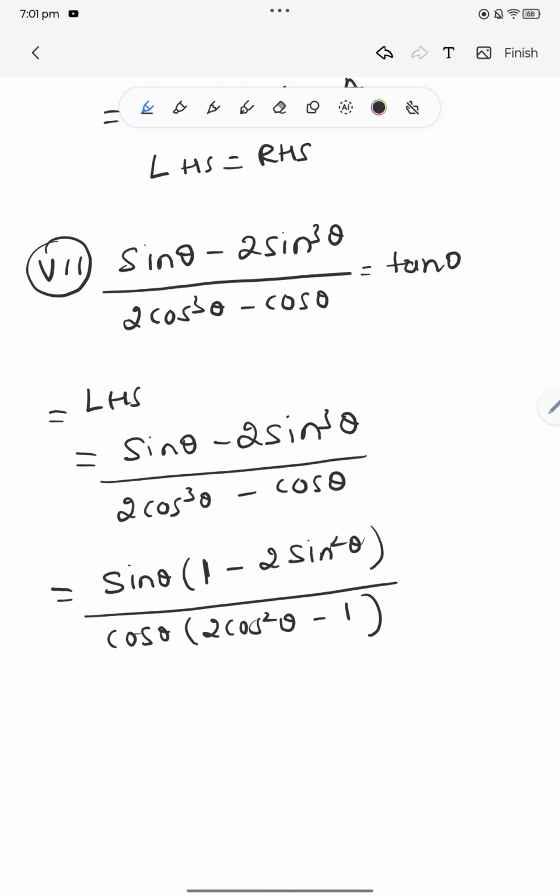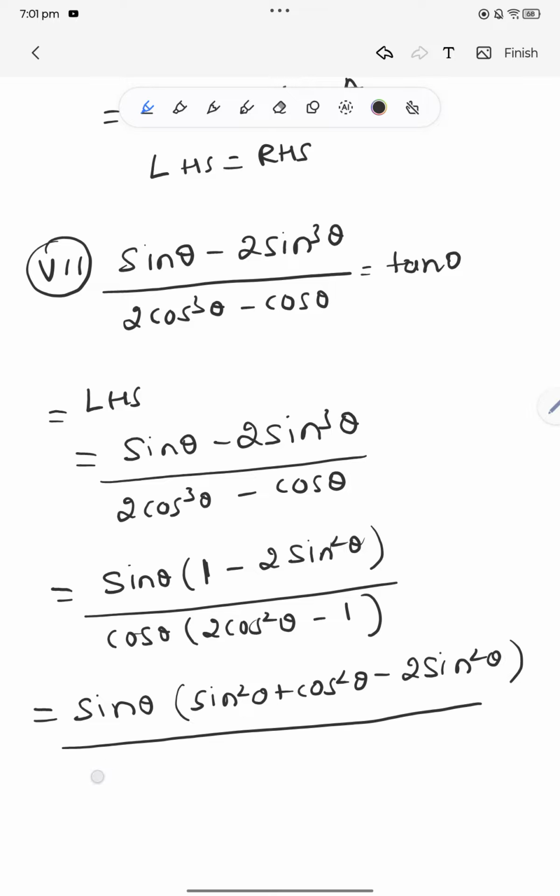We know we can replace 1 with sin square theta plus cos square theta. So sin theta into (sin square theta plus cos square theta minus 2 sin square theta), divided by cos theta into (2 cos square theta minus (sin square theta plus cos square theta)).